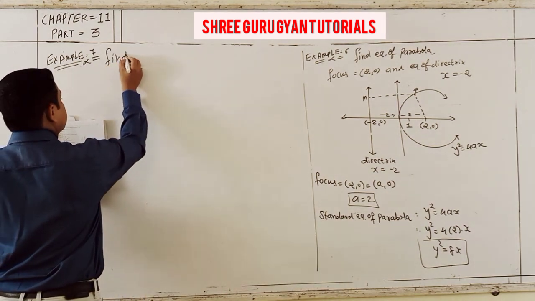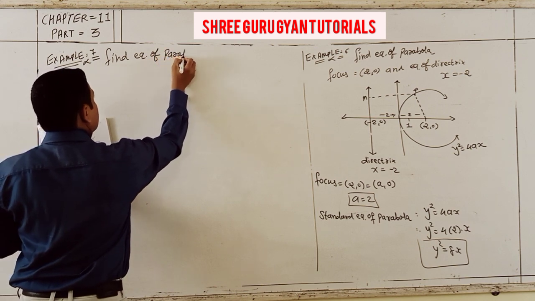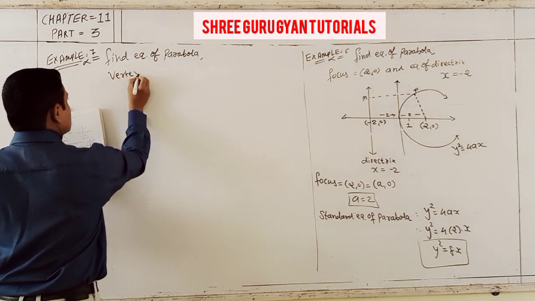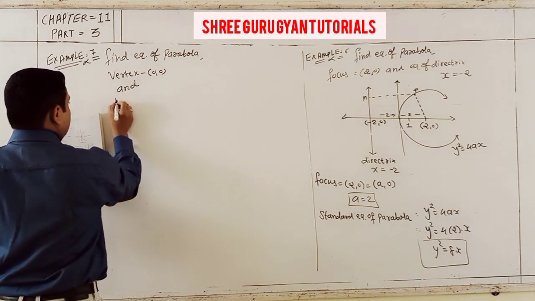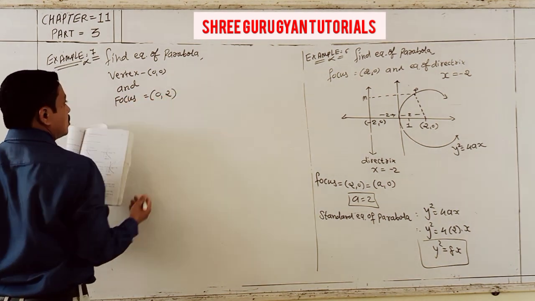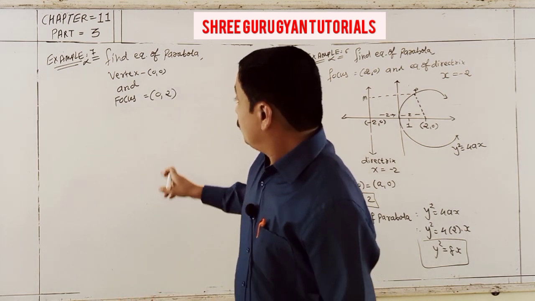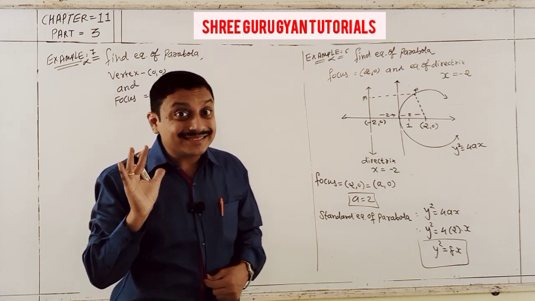Find the equation of the parabola having vertex 0 0 and focus 0, 2. Only the focus is given, students, 0, 2. Simple way. 0, 2 lies on which axis? Yes, it is the y axis.